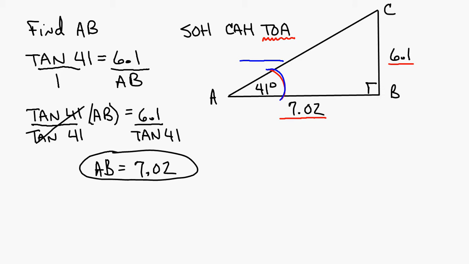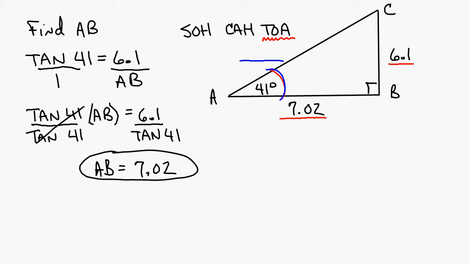Agreed? Because you know them both. You usually won't be given two sides. You're only going to be given one side and asked to find another side. Because if you know two sides of a right triangle, you can use the Pythagorean theorem to find the third side. You don't have to use sine, cosine, tangent.